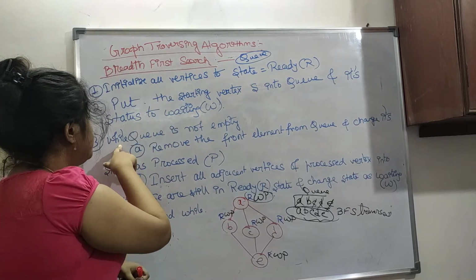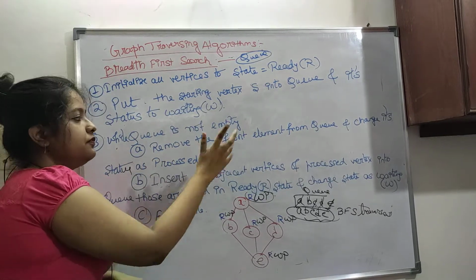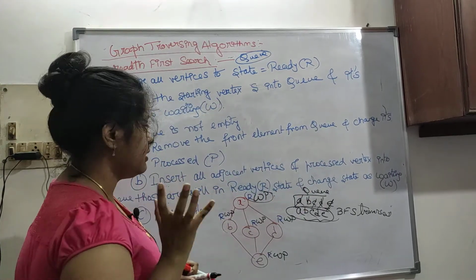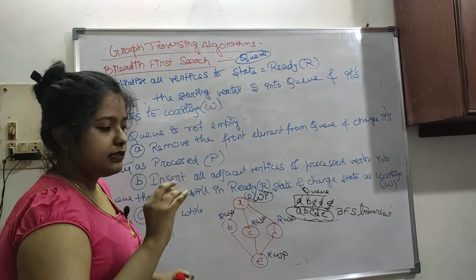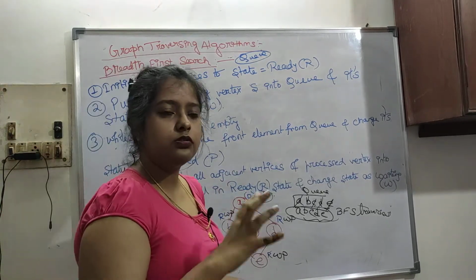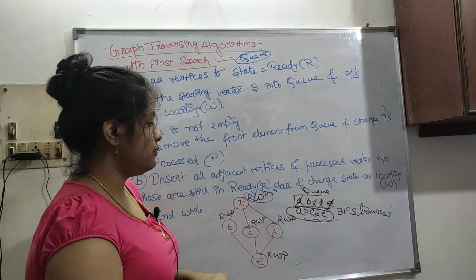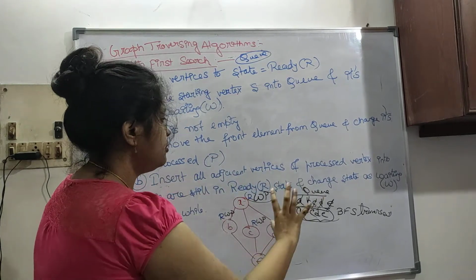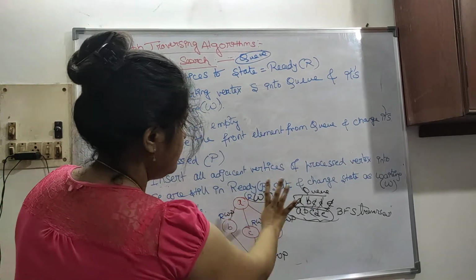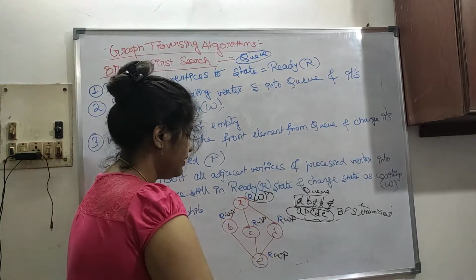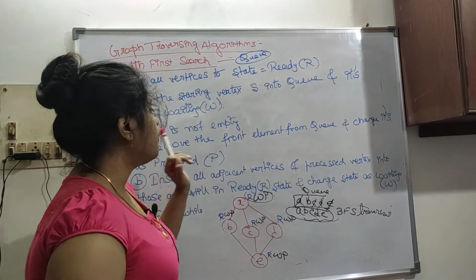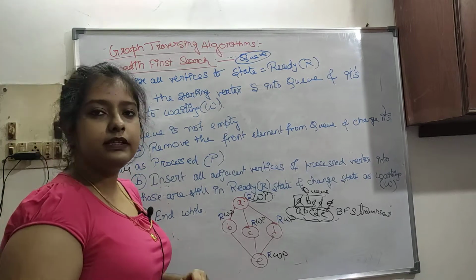Now, while the queue is not empty, remove the front element from the queue and change its status to processed. Then insert all the adjacent nodes of the just deleted node into the queue and change their status from ready to waiting. Then end while, when the queue is empty.